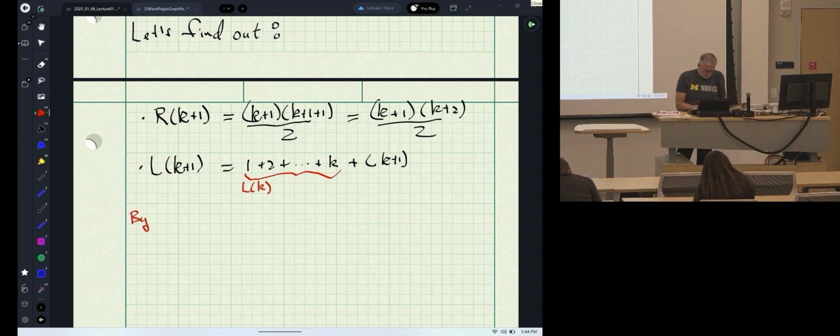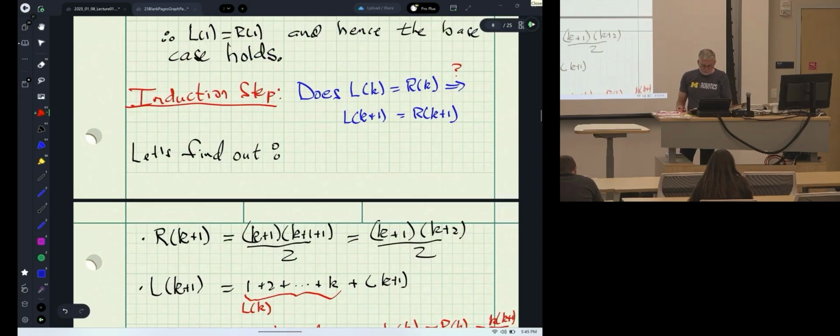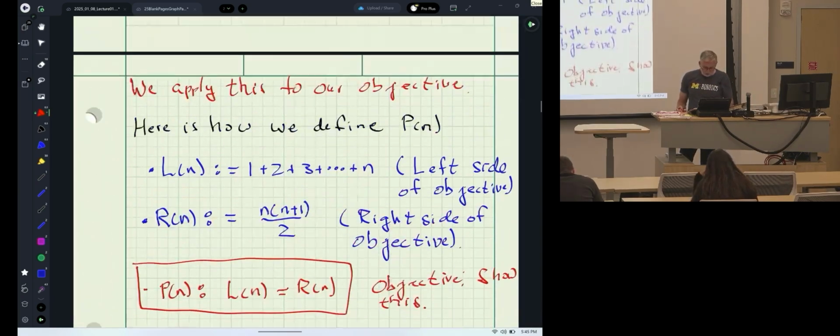So by the induction hypothesis, L of k equals R of k, which is k times k plus 1 over 2. That's the induction hypothesis.